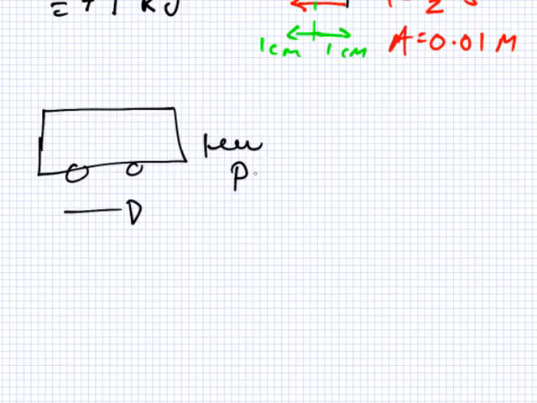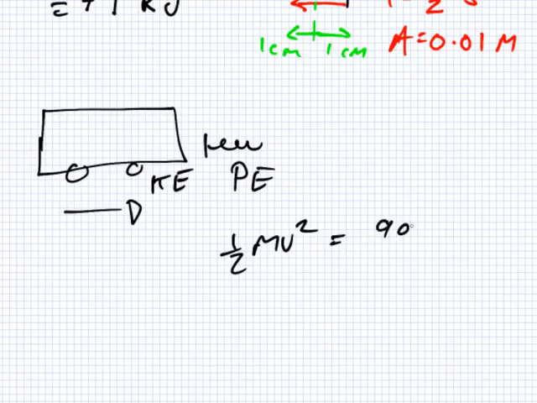So the potential energy here equals the kinetic energy here. Make sense? So you have a half mv squared equals 90,000, and when you solve that you get v is 1.26 meters per second, which is actually pretty fast, maybe too fast. Yeah, I made my numbers too big. It's pretty fast to hit the spring.